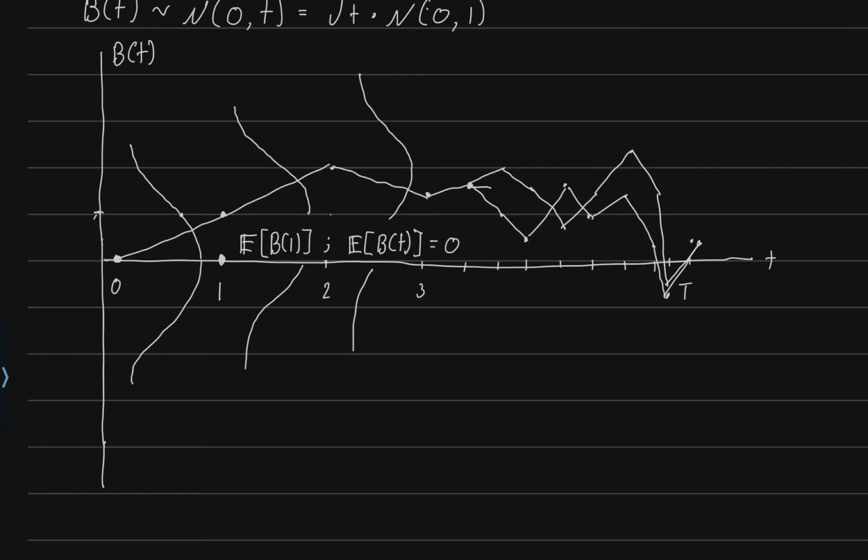Or I could get something like this. So all of these are possible paths for my Brownian motion, and so on and so forth.